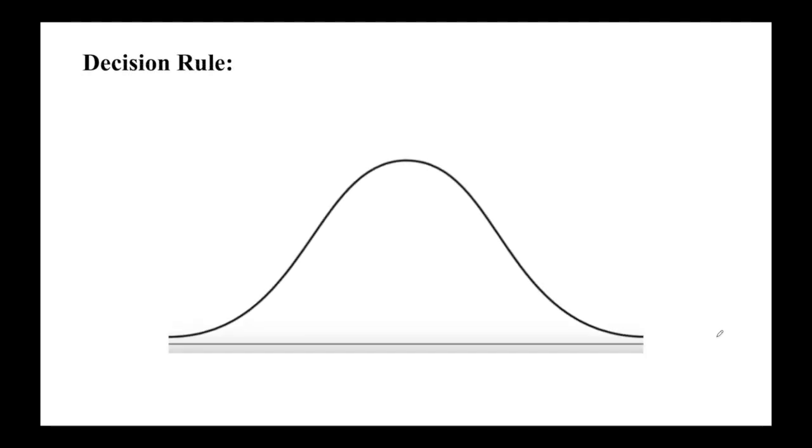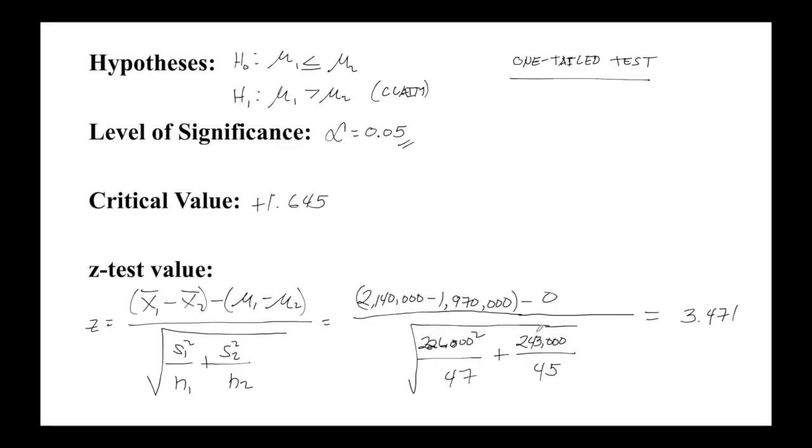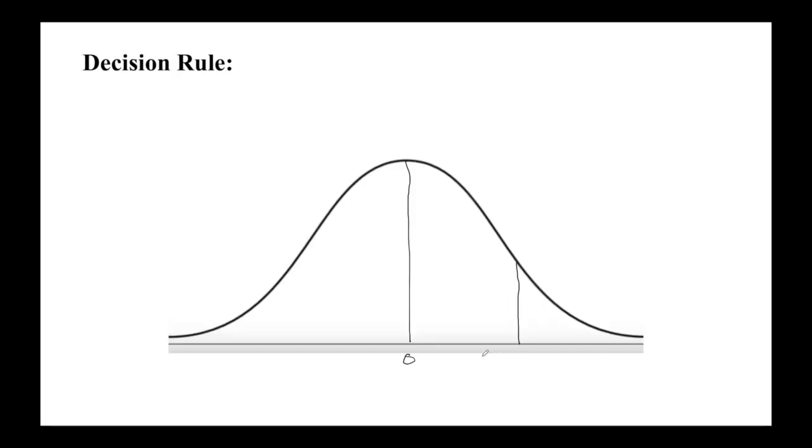Now, let's have our decision rule. Assuming we have a normal distribution curve with 0 at the center, since this is a one-tailed test going to the right, a right-tailed test, our critical value is positive 1.645. This will be our rejection region.